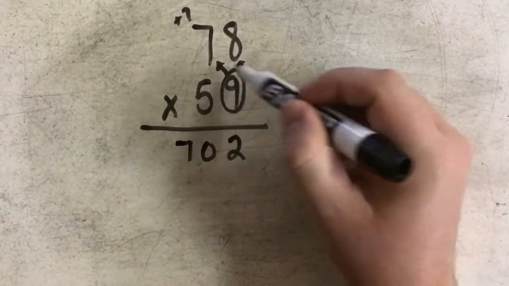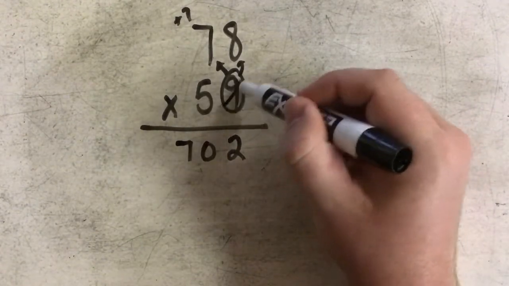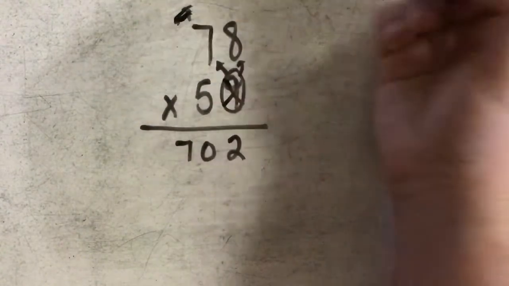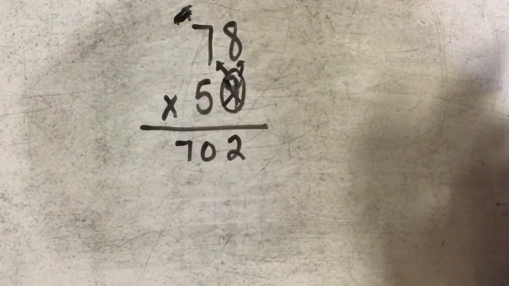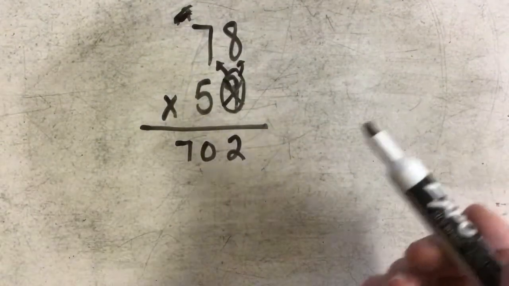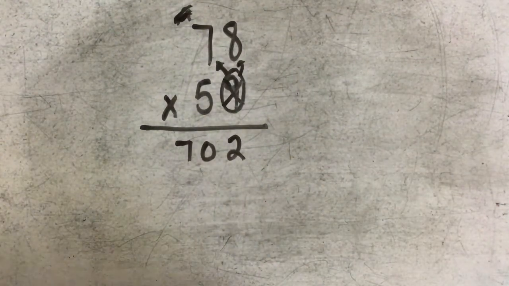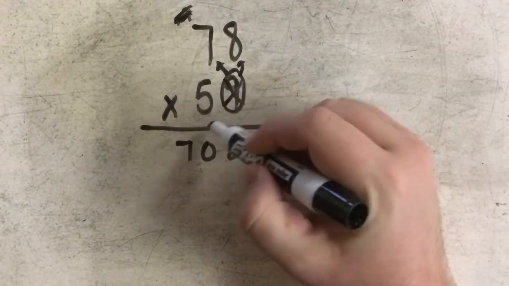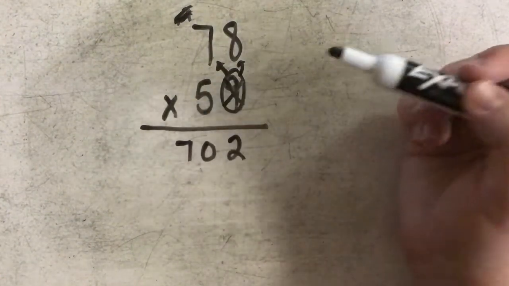Now again, I'm not multiplying anything else by that 9, so I'm going to go ahead and cross it out. I'm also going to cross out any of my add-ins that I had already done up above, because I'm not going to want to confuse those with any future add-ins that I get when I continue multiplying. Now, when I multiply by this 5, I'm really multiplying by 50.